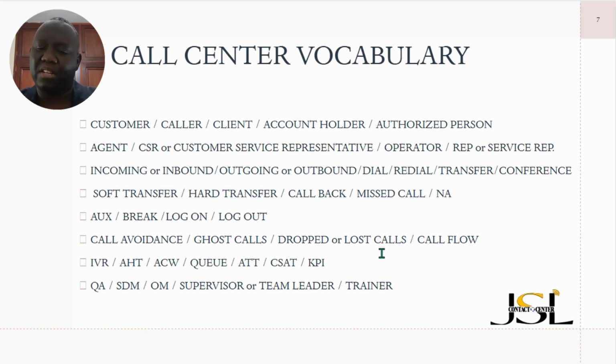Let's say you're dealing with buttons and keys, or by mistake, even though most systems will ask you, are you sure you want to disconnect the call? So don't think that's going to happen, because if you drop a call, your manager or whoever in IT will be able to tell that you did disconnect or drop the calls. The call can be dropped also if the customer is driving, going through a tunnel and the call is dropped, or lost calls, right?